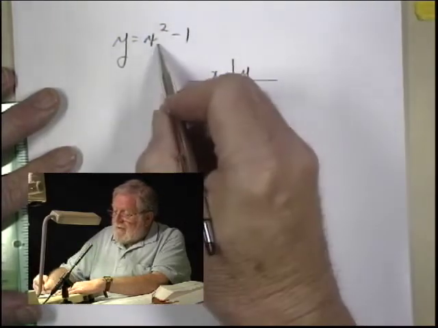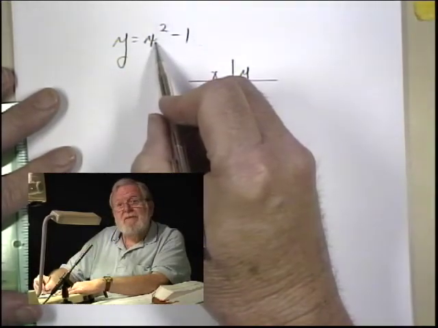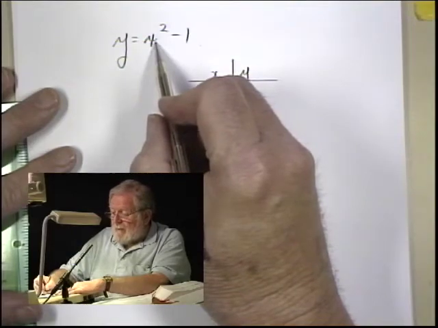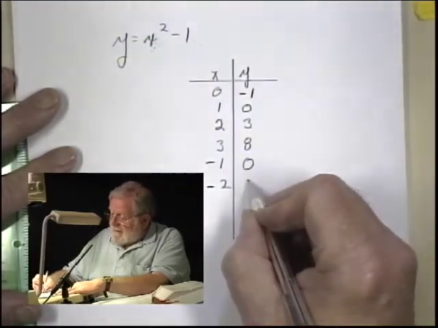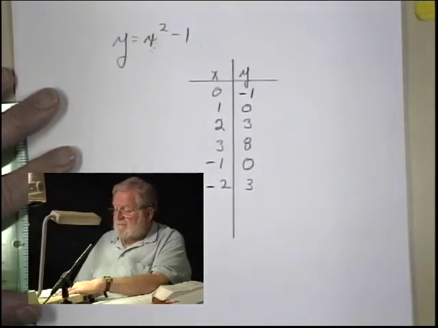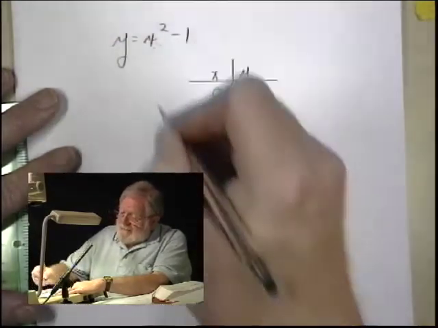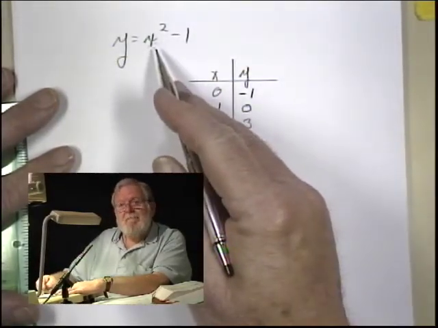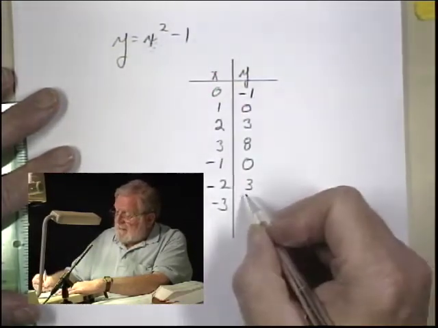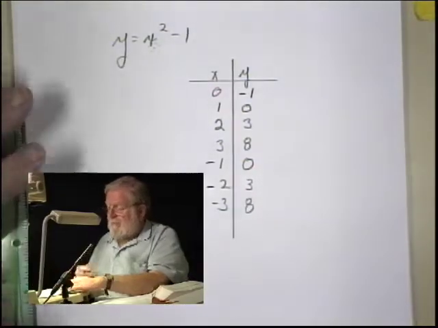Minus 2 squared. Minus 2 times minus 2 would be positive 4. Minus 1 is 3. And if x was minus 3, we'd square minus 3 to get 9. Minus 1 would be 8.